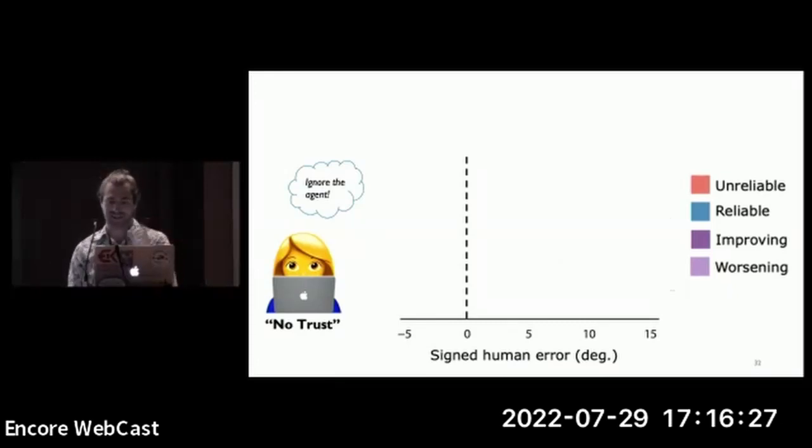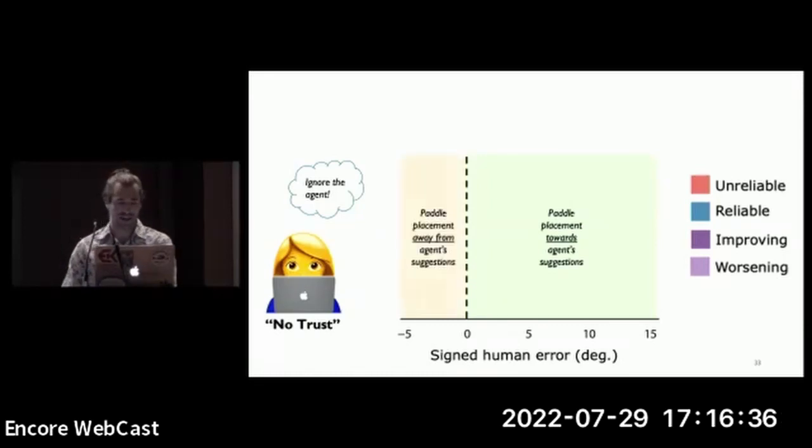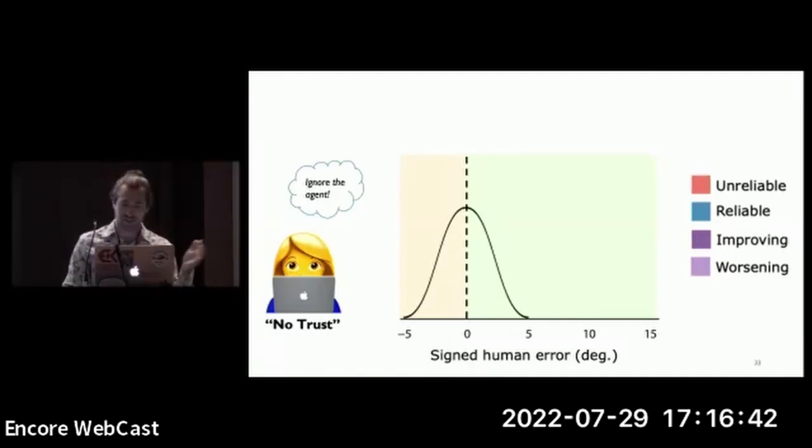And the sign here is designating whether their error was towards their partner's suggestion or away from it. So here, positive values mean that people's paddle placement erred towards their partner's suggestion, and negative values mean they erred away from it. So if the no trust model were true, what we'd expect to see is a distribution something like this, where errors centered at 0 means that people's errors are just as often towards the agent's suggestion as away from it, and that's consistent with them sort of ignoring the agent.